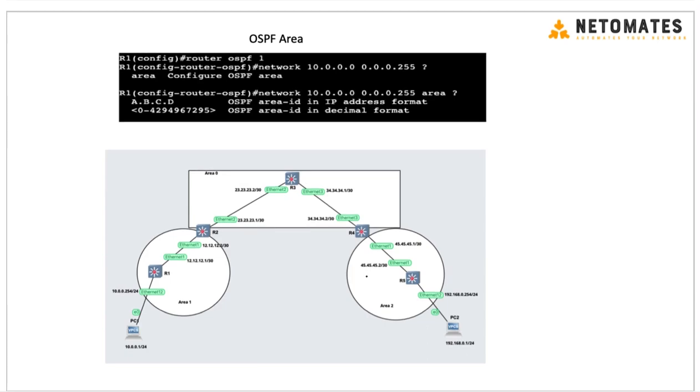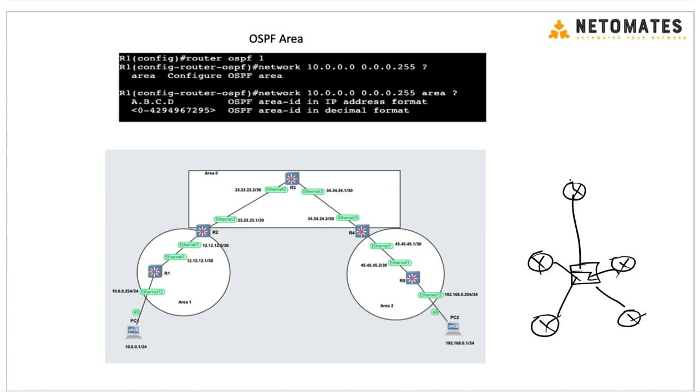So the next configuration element or concept is OSPF areas. If we look into this topology, we have 5 routers. Let's see what will happen if there are no areas configured. Each router will try to advertise all its networks. For suppose these routers are connected like this, with a switch in between.